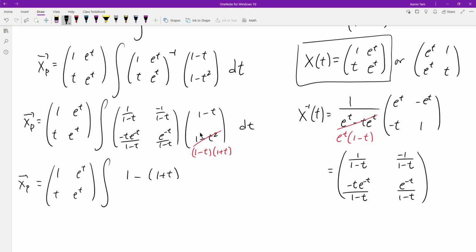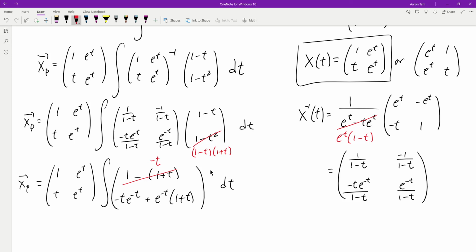The bottom, when I multiply, the first term becomes negative t e to negative t. And the second term comes out to be the same, but it's plus e to negative t times 1 plus t, dt. So that's actually pretty nice because I have 1 minus 1 plus t become 1 minus 1 minus t, so that just becomes negative t. That's actually pretty simple.